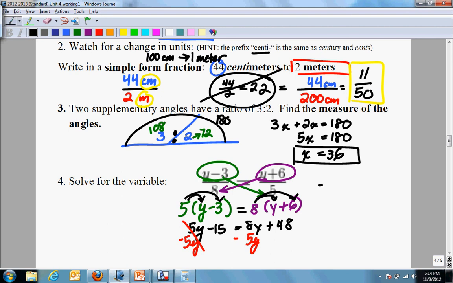And bring it over here. We have negative 15 equals 3y plus 48. The answer is here 33.